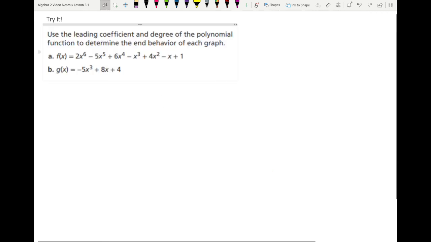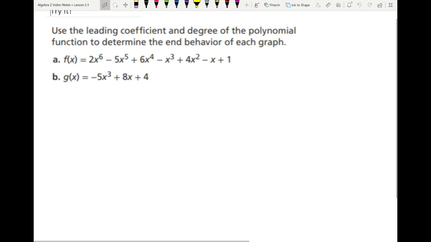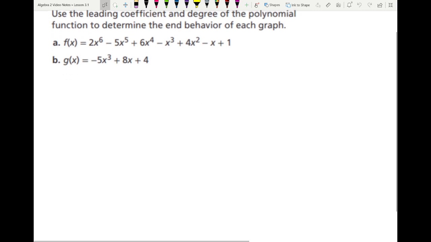All right, go ahead and try the following problem. Pause the video and see if you can determine the end behavior. All right, so let's determine the end behavior and leading coefficient. Let's look at part A. We know that the degree is 6, the highest power.